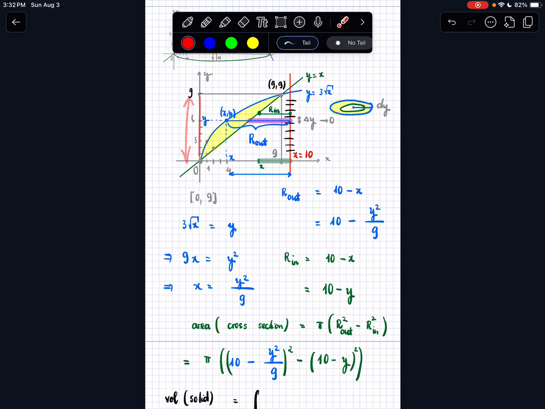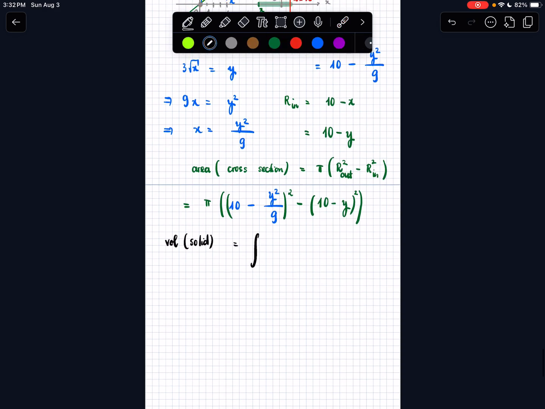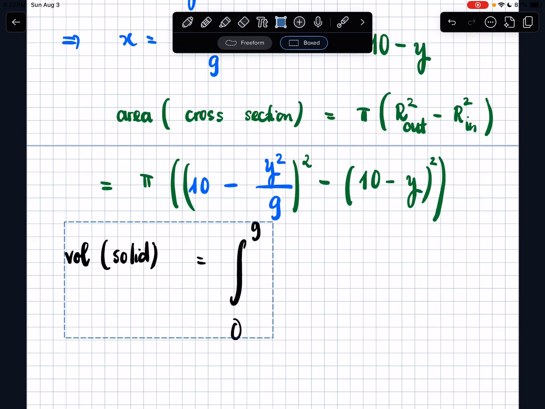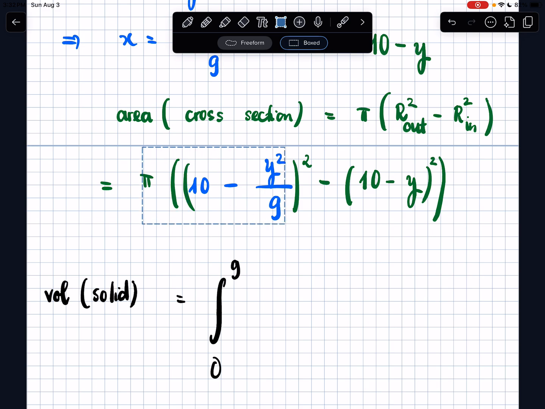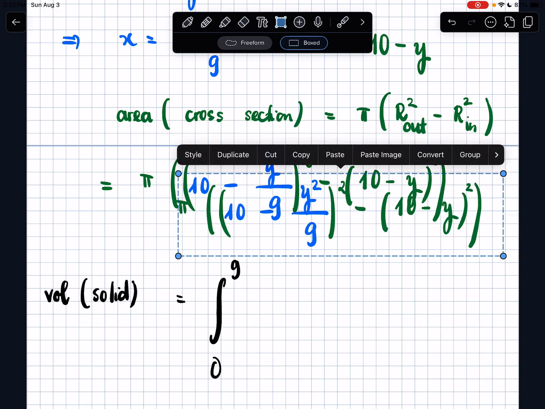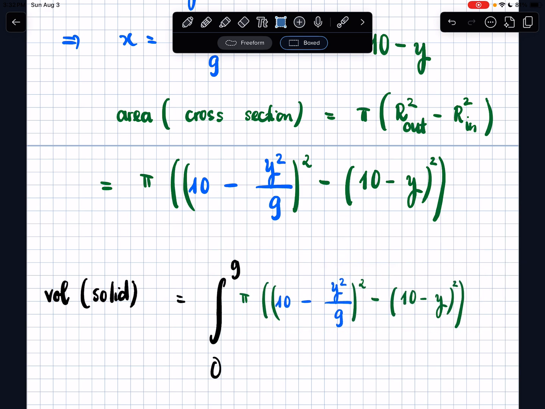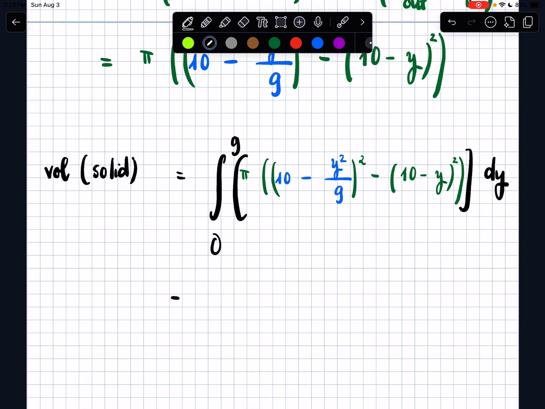So 0 and 9 correspond to the intersection points. 0 to 9 of the area of the cross-section, dy. By some computation, we get the volume of the solid.